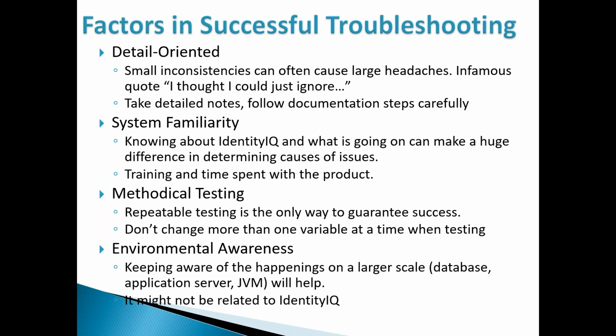Okay, next is methodical testing. So definitely, even in Java you are doing testing, right? Unit testing, then integration testing, then regression testing, and so on and so forth, right? So the same thing we need to do in Sailpoint also. We need to test it repeatedly, many times, to get a successful guarantee while deploying the code in production.